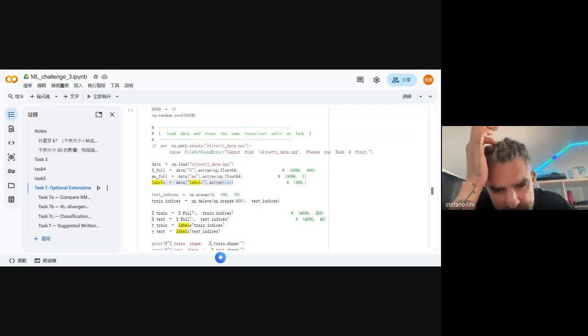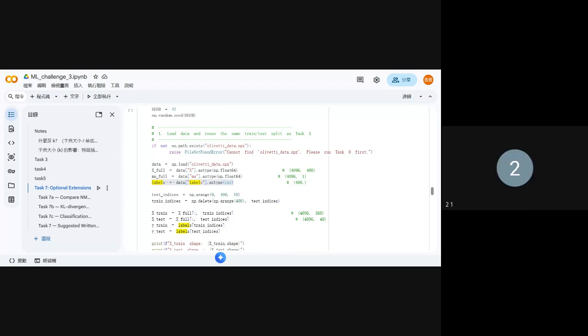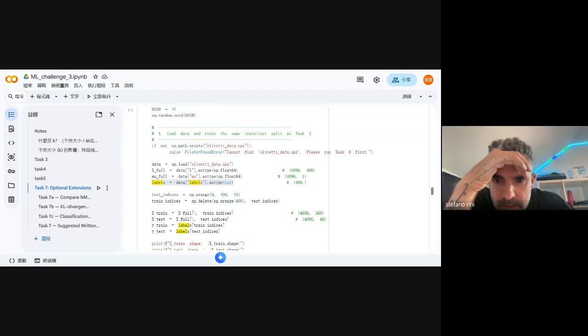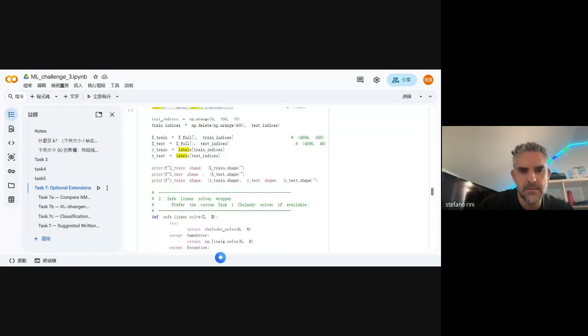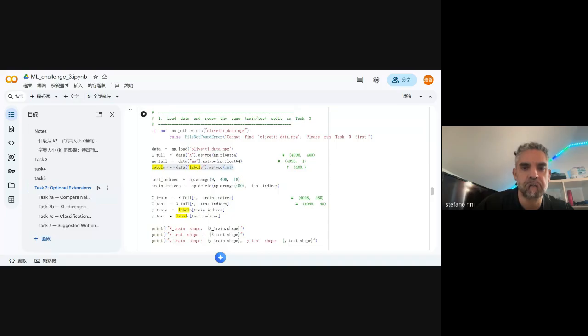Can you just 040? Yeah. So your labels X. Because if your labels are of support 40, then it's the identity of the individual. But then how can you do logistic regression over the 40 individuals? Okay. I think that's the. Yeah.